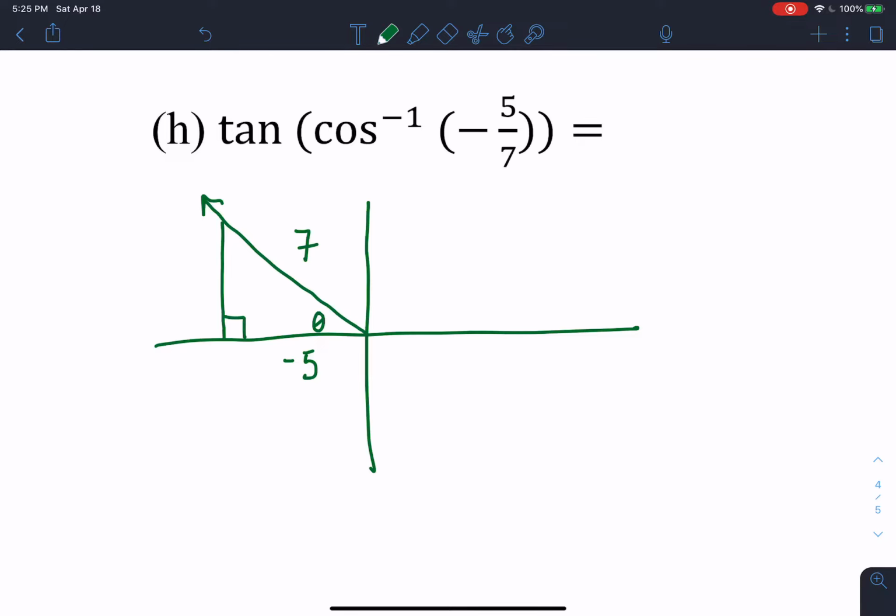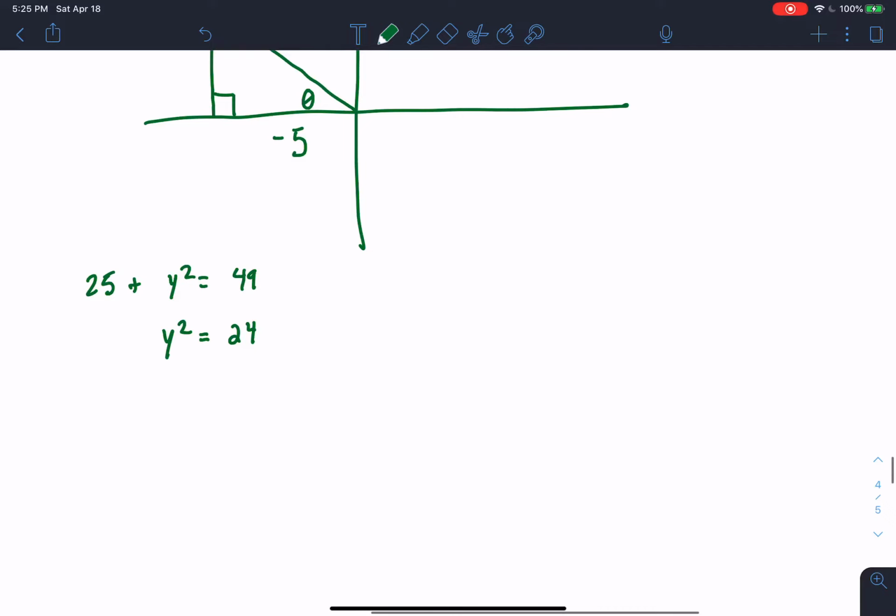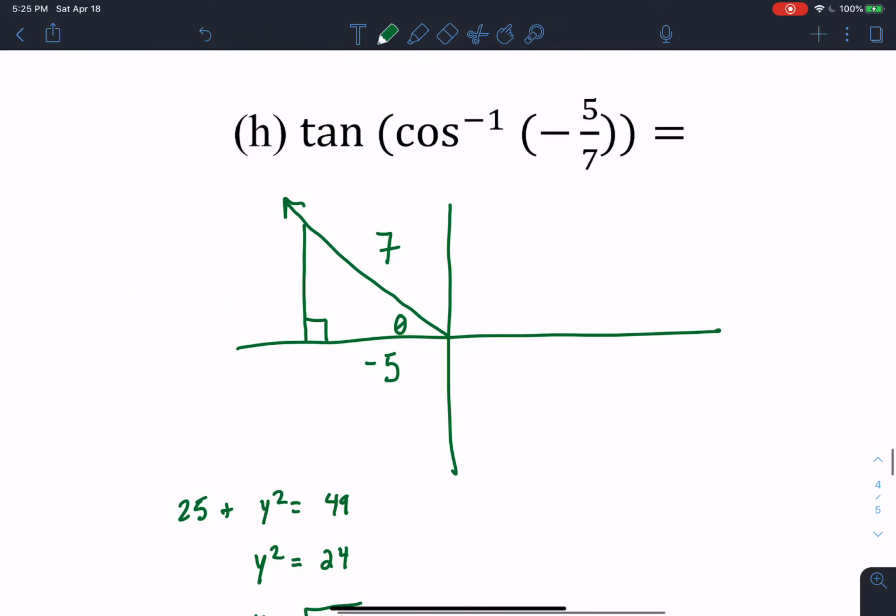Can't do math in my head. So 25 plus y squared equals 49. So 24, which we then know is not a perfect square, so that is going to be 4 root 6, so this side is 2 root 6. All right, that took longer than necessary, but that's okay.